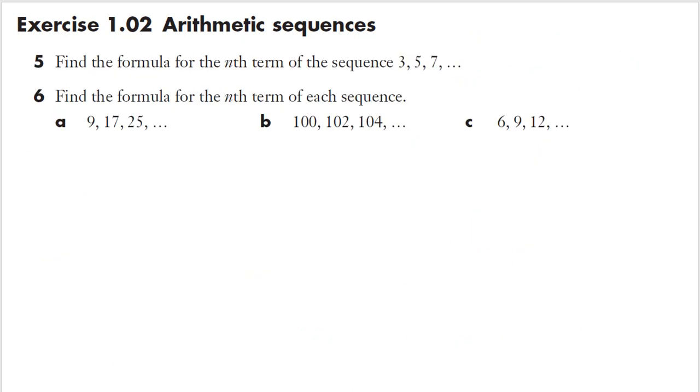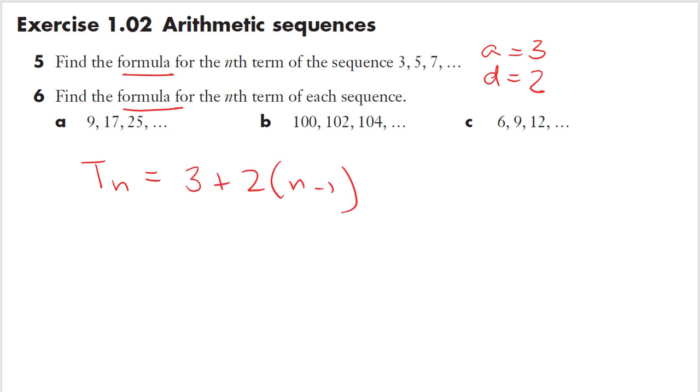but question 5 and 6, just to finish off, we're after the formula for the nth term. So in this case here we have an expression where a is equal to 3, d is equal to positive 2, and so all we need to do is substitute those into that T formula, expand that expression and simplify, and that's our answer.